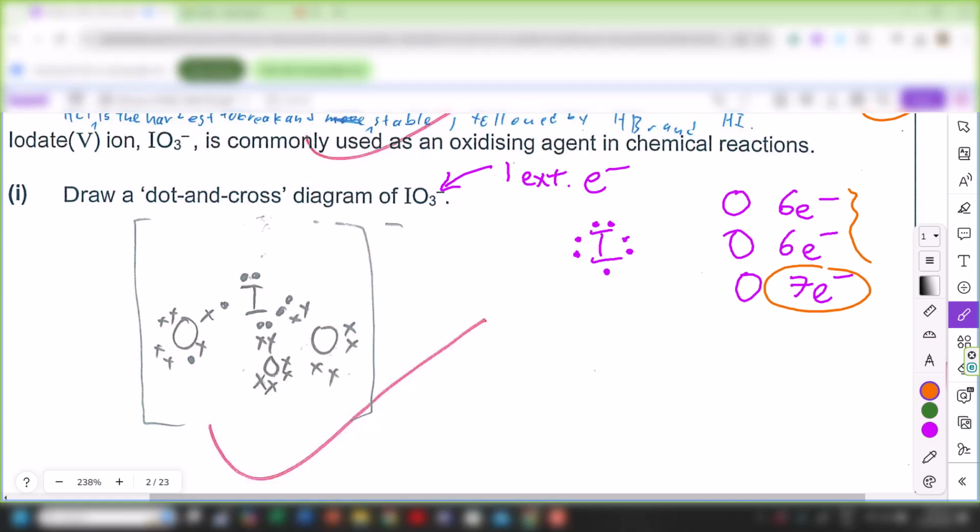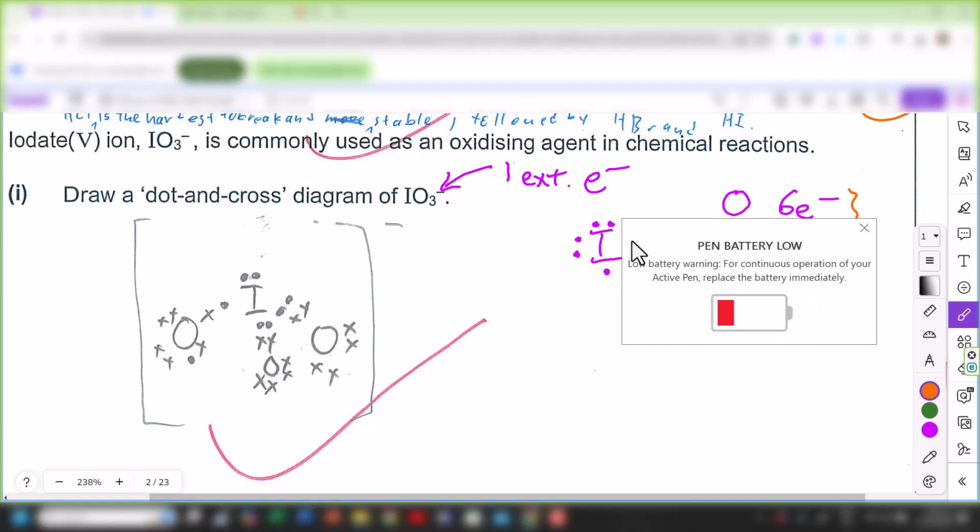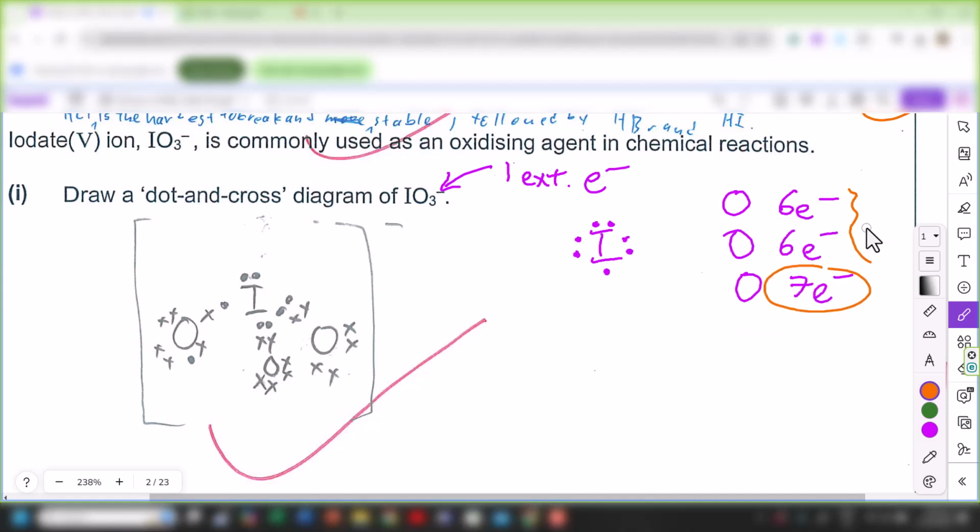If you make that decision based on this, you will be able to come up with this answer. I'm not going to draw it out again. So I'm sharing a pair here, and the other oxygen is simply a single bond, and of course it will have a lone pair of electrons here.